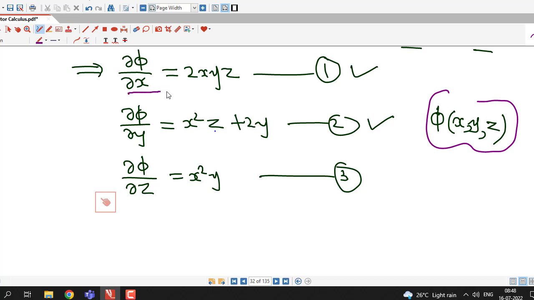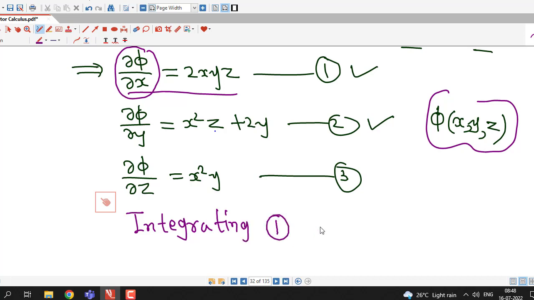Suppose we use equation number 1: here we have partial derivative of phi with respect to x, therefore we will integrate equation 1 with respect to x, and we will integrate partially, that is, while integrating with respect to x, we will consider y and z as constant.